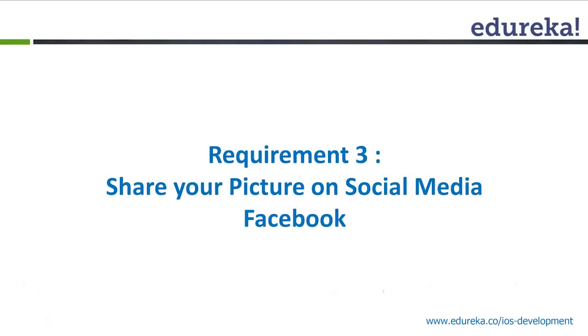And now the major part. Today the world is on social media. So let's say you wanted to post to Facebook whatever you have done at your place. You don't need to open a separate application for each of the social websites to post it. You can have all of them in your application. And the best part is, it will not ask you to log in again and again.